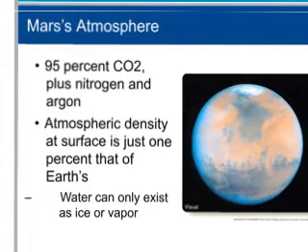Earth has the greenhouse effect, the CO2 is trapped in there, but oxygen is also a part of our atmosphere, whereas on Mars and Venus, oxygen escapes the atmosphere. So you wind up with primarily CO2, and then on Mars, nitrogen and argon. Water can only exist as ice or vapor on Mars.